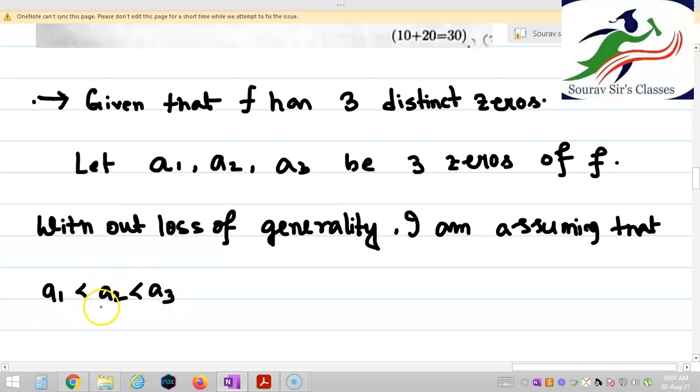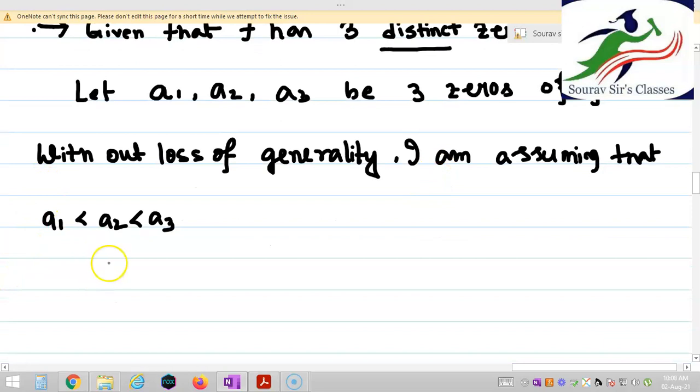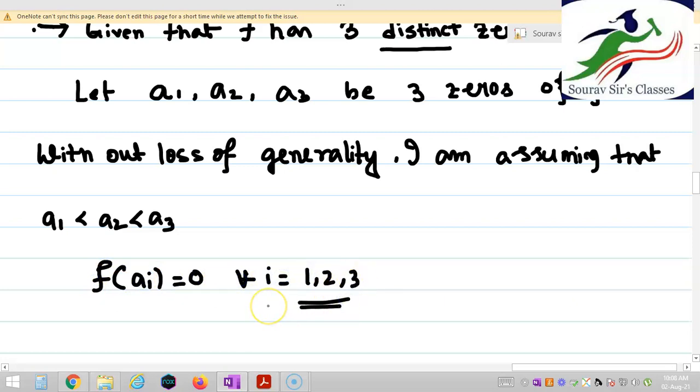Why am I considering strict inequality? Because they are saying that these 3 points are distinct. That is why a1 is strictly less than a2, strictly less than a3. Now as ai is a zero of f, I can say that f of ai is equal to 0 for all i equal to 1, 2 and 3.